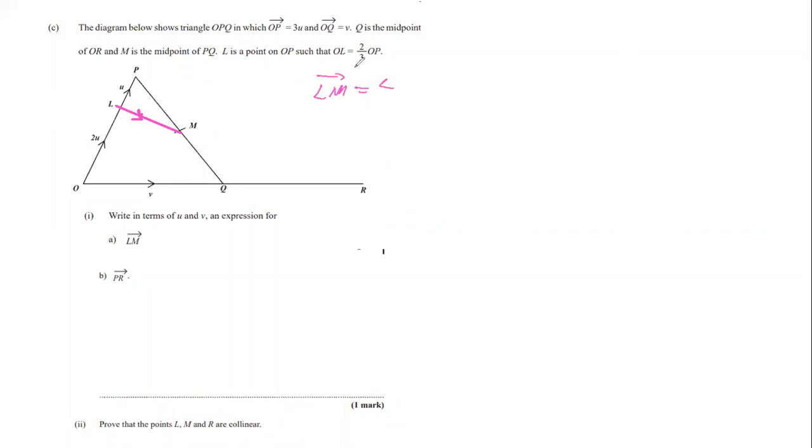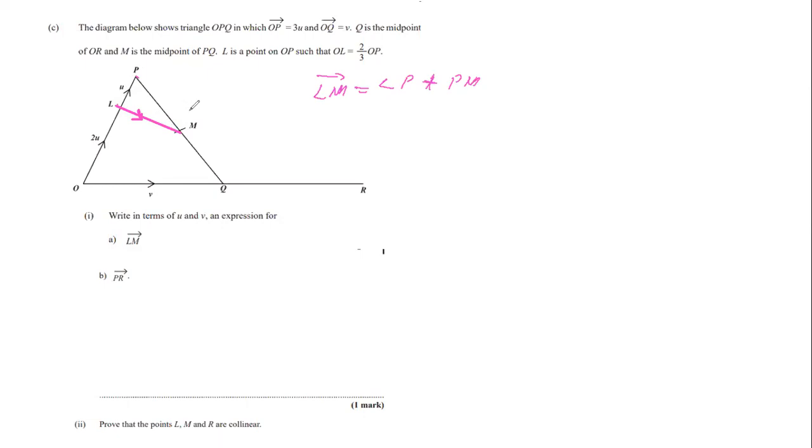I move from L to P, then P to M. Now remember, if I want to find LM, I have to go around. And by now everybody knows that, right?